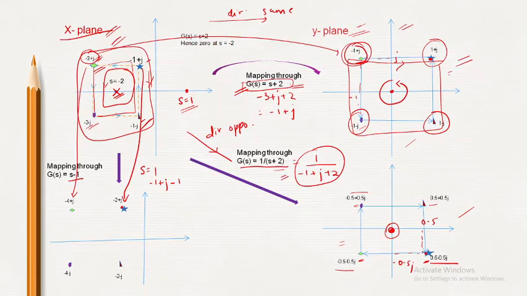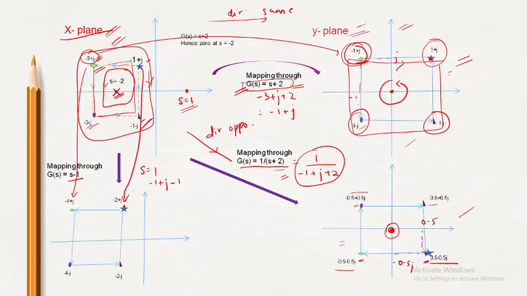If you see the encirclement, it is in the same direction: the points that we had taken here were in anti-clockwise direction, and here also I am getting the points in anti-clockwise direction only.